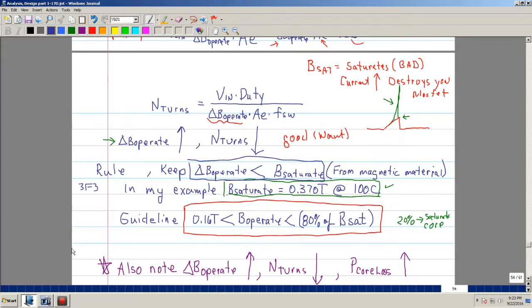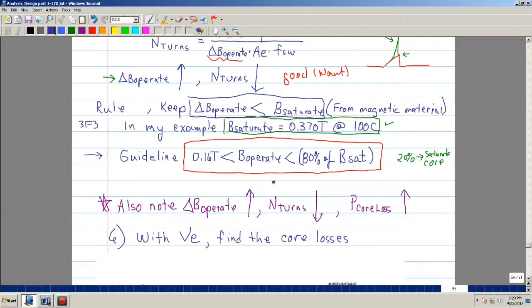So here's the guideline. The guideline is, go ahead and start with a minimum of 0.16 Tesla. And remember, this comes from the Pressman book.